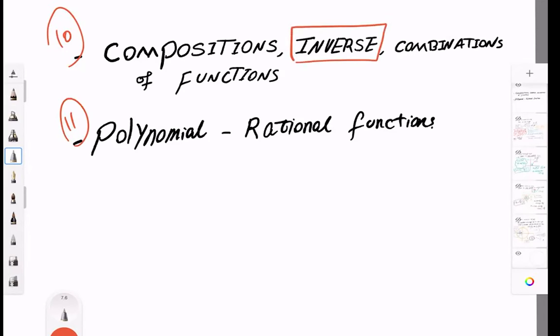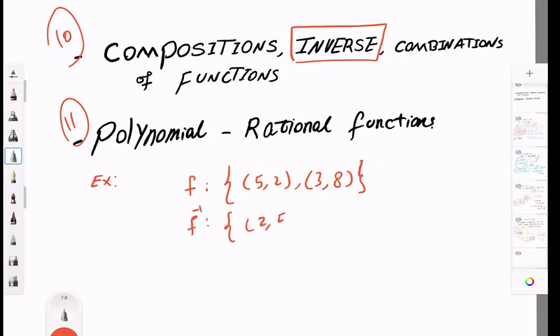For example, we have f is (5, 2), (3, 8). If I ask you guys what is f inverse, we learned that we switch x and y, correct? F inverse will be (2, 5) and (8, 3).